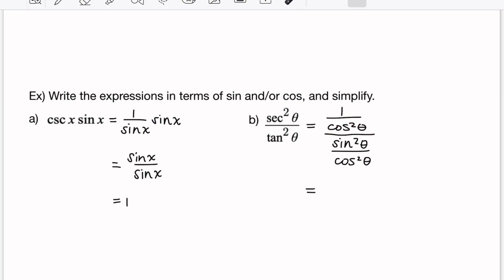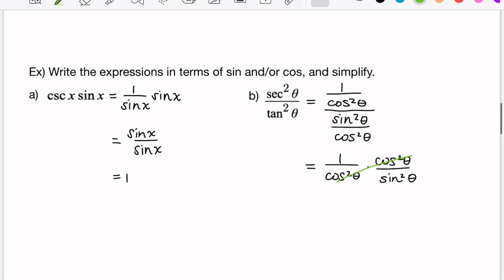If we have a fraction divided by another fraction, we know that we can just multiply by the reciprocal. Doing so, we see that these cosine squared thetas here will cancel out, and we're left with 1 over sine squared theta. Okay, so as long as we keep these identities in mind that we saw at the beginning of this video, doing examples like this are not too difficult.